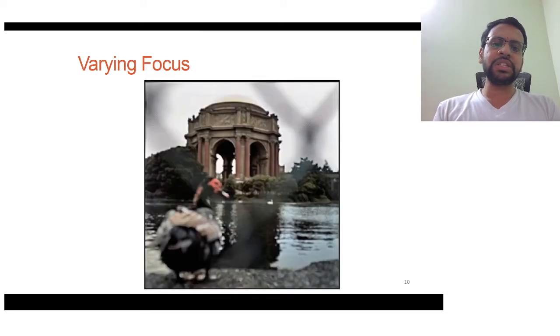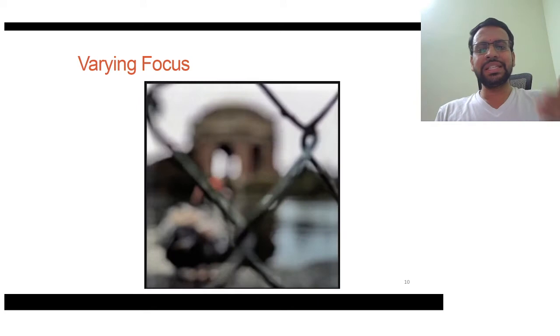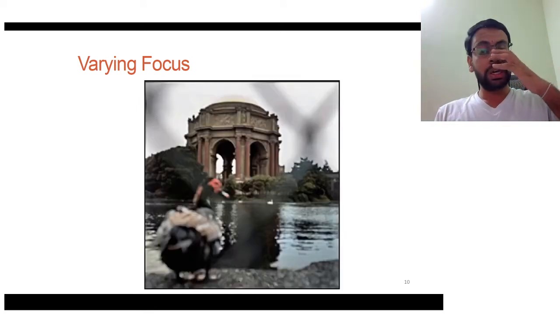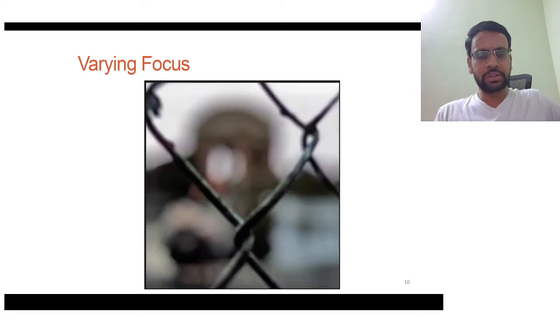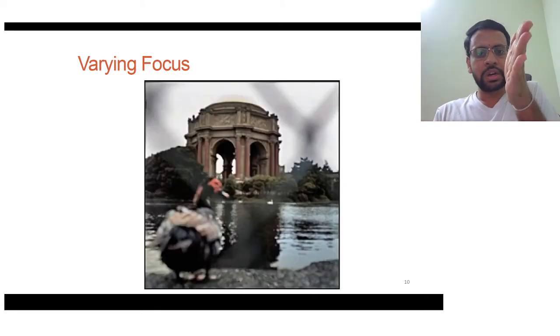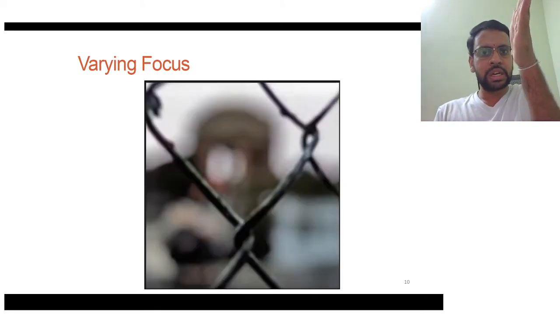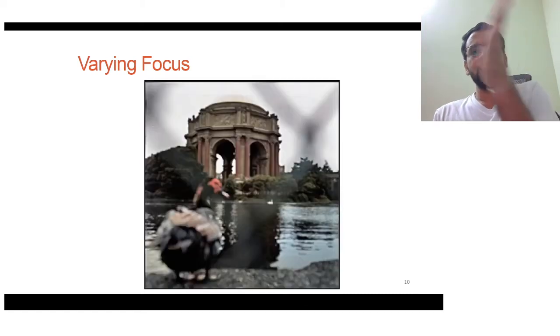And then, since we have a lens, it depends on the focal length, the distance from the lens to the screen where you are projecting, and from the center of the lens to the object.